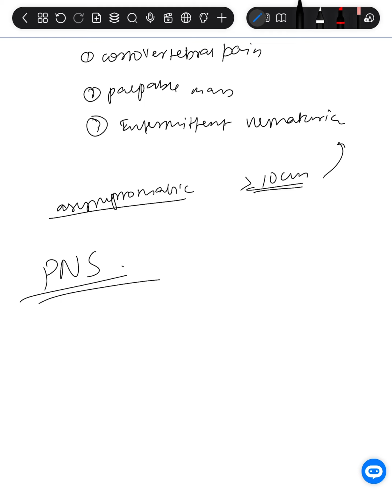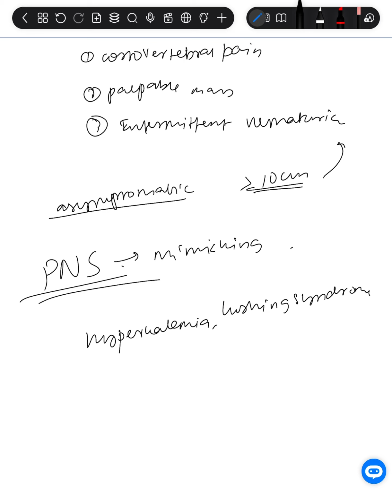And then the renal cell carcinoma is mimicking hyperkalemia. It is mimicking Cushing syndrome. I explained paraneoplastic syndrome in my earlier videos, please do see. It is mimicking leukemoid reaction.